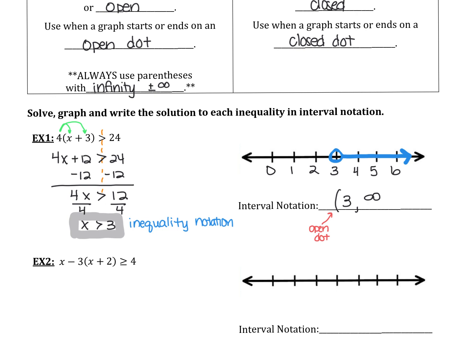Now, I'm going to put a parenthesis here, and the reason there's a parenthesis here is because we always use parentheses with infinity. Always. Okay. Now, a couple things you should notice.